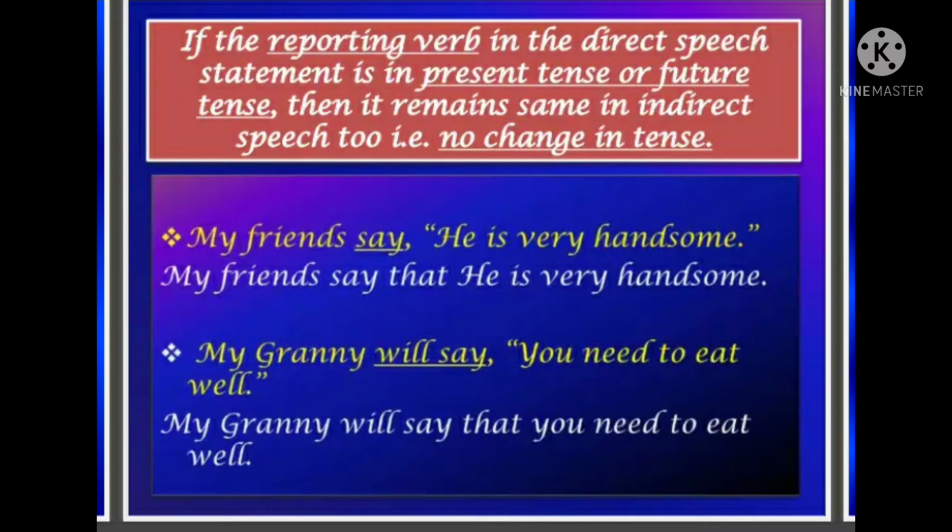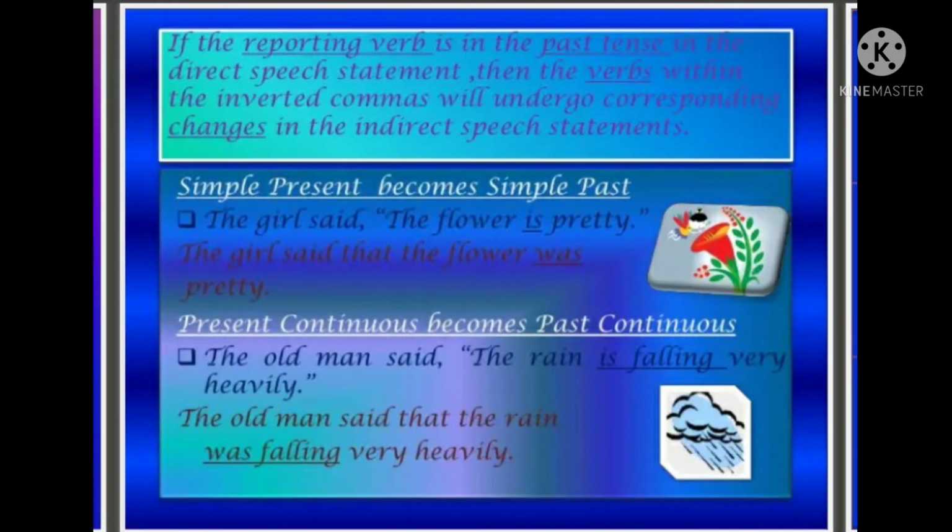My granny will say, "You need to eat well." The indirect speech: my granny will say that you need to eat well. So in these sentences, children, you can notice that there is no change in the tense form, present tense or future tense. It remains the same even in the indirect speech.